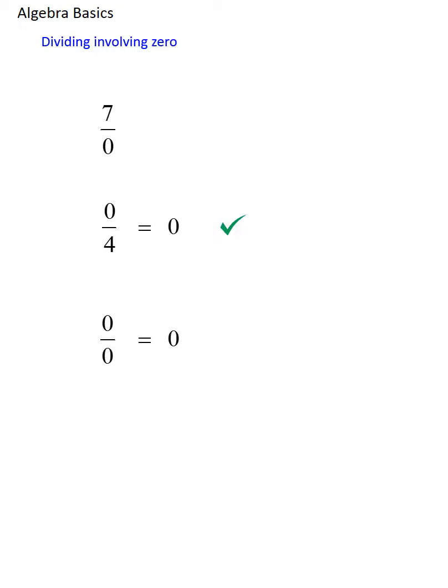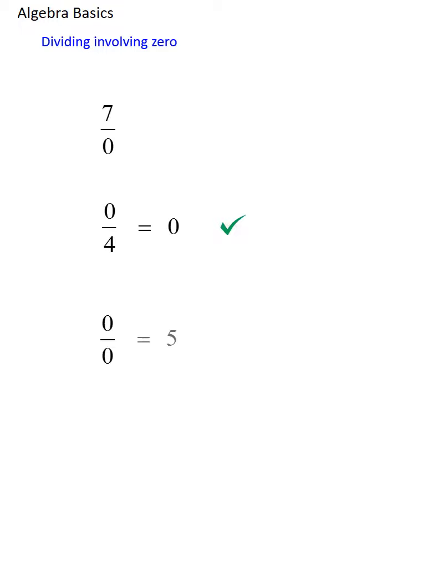Now let's take a look at the third one. 0 divided by 0 equals 0. Suppose that were the proposal, that we make that the result. Well, if we're going to make that the result, then 0 times 0 would have to be 0. And while that is true, and there does appear to be some logic to this, and I'm sure many mathematicians argued in favor that 0 divided by 0 should be 0, there had to have been others that said, well, wait a minute.